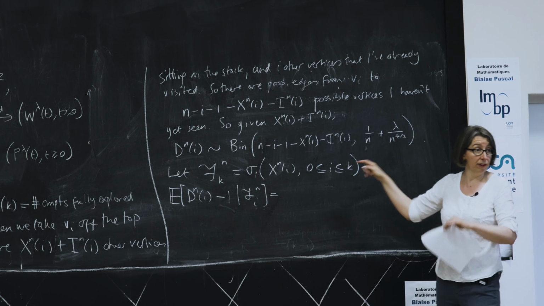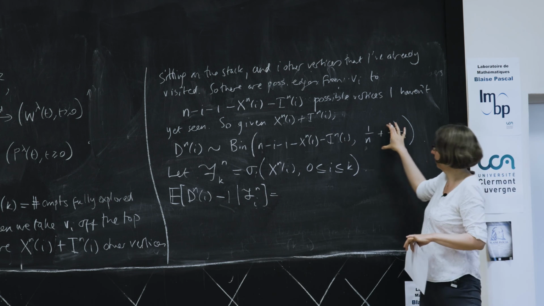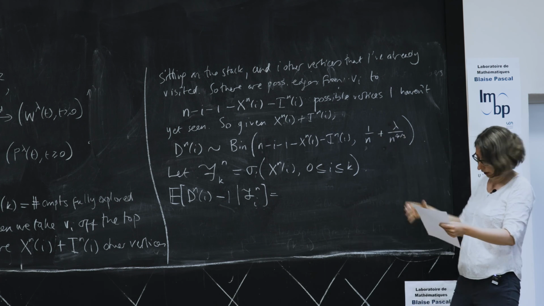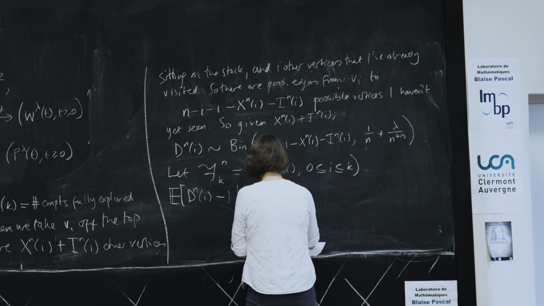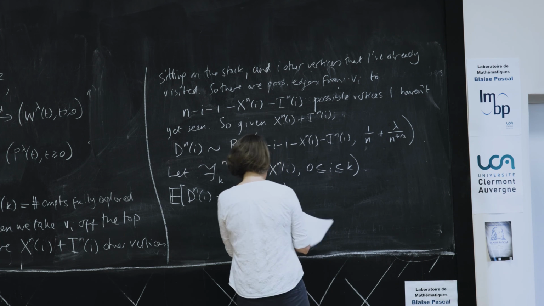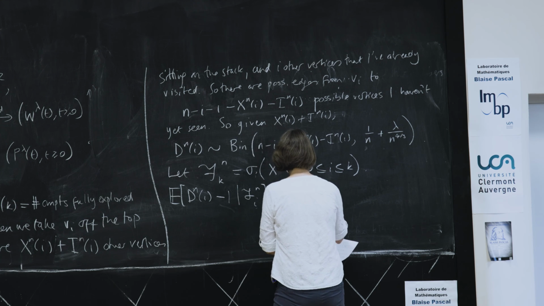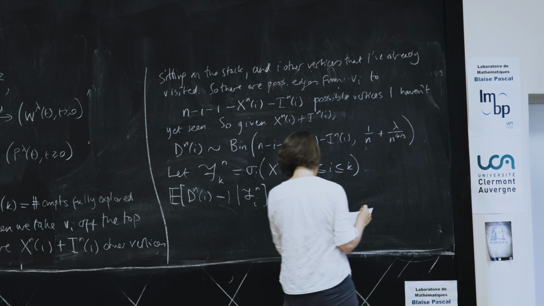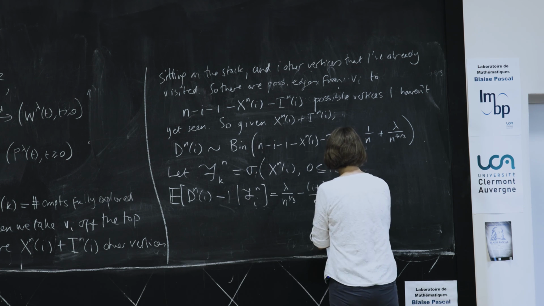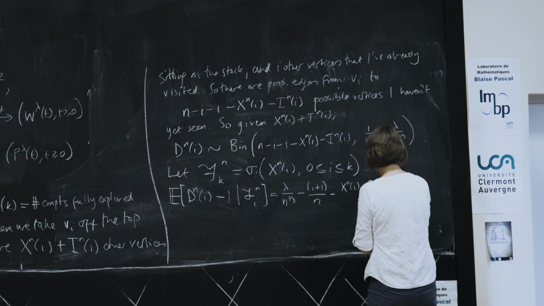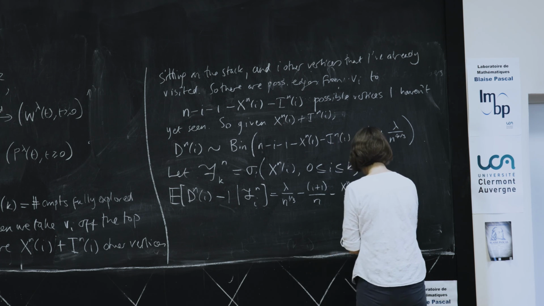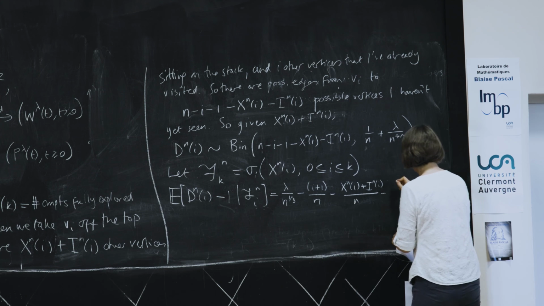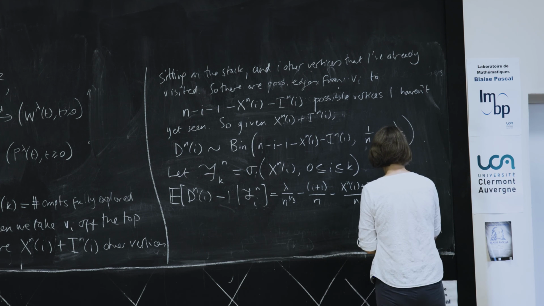So what I want is all of the rest of the product of these two terms. If I try to do this blind, I'll just get it wrong, so let me copy it off my paper. I've got an n on lambda to the 1/3 minus an i plus 1 on n. And then I get a term which is minus X_n(i) plus I_n(i) divided by n. And then I've got some final term which looks like this.